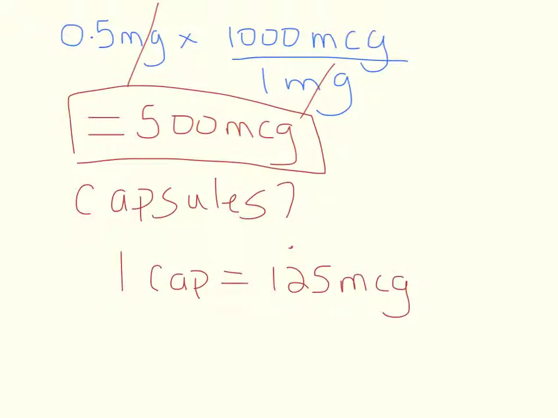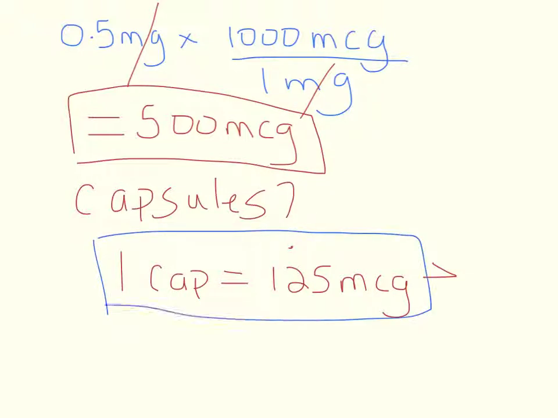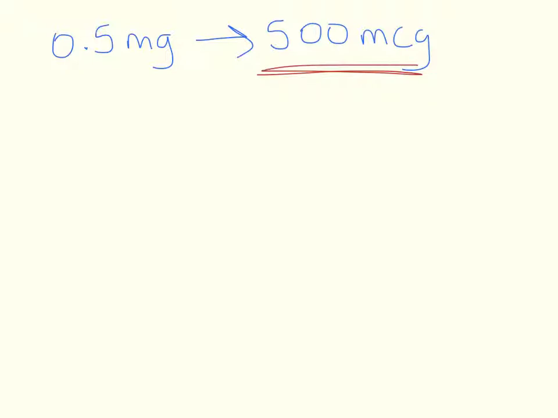So now this is going to become our second unit fraction to help us solve how many tablets we need to administer. So we're going to use that first answer we determined of converting our 0.5 milligrams. That was the order given by the doctor, but we've converted that to its equivalent in micrograms, and we determined that that was 500 micrograms.